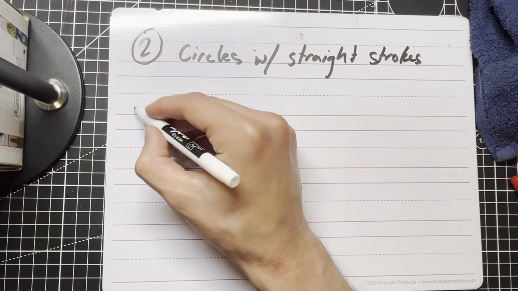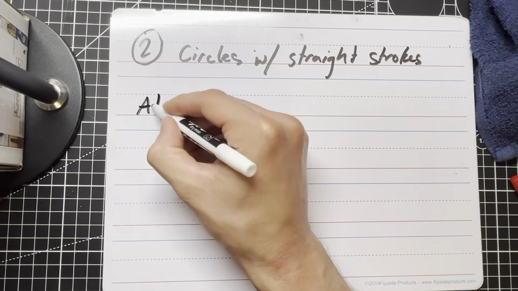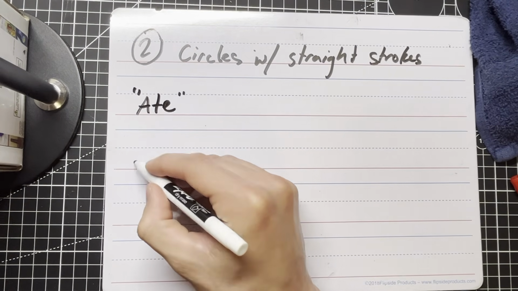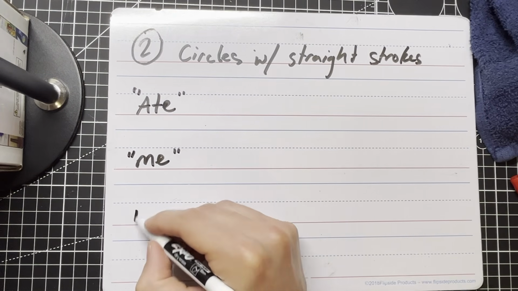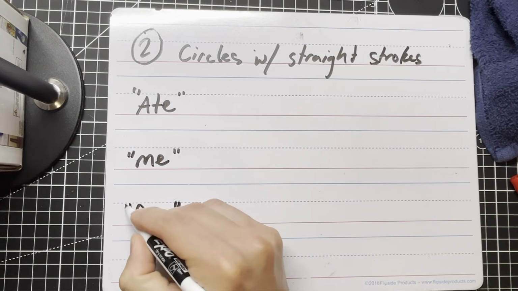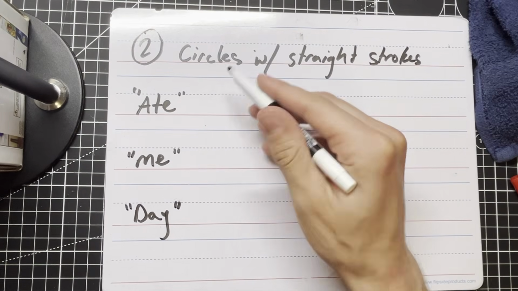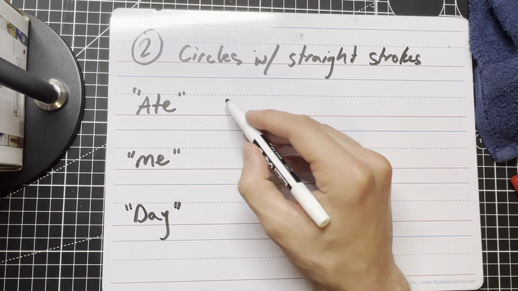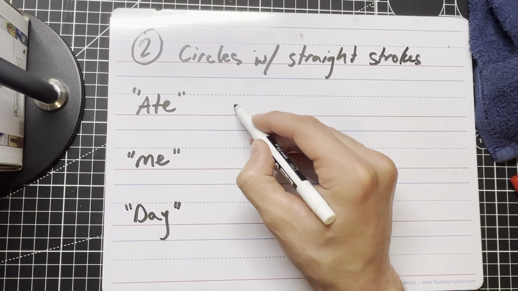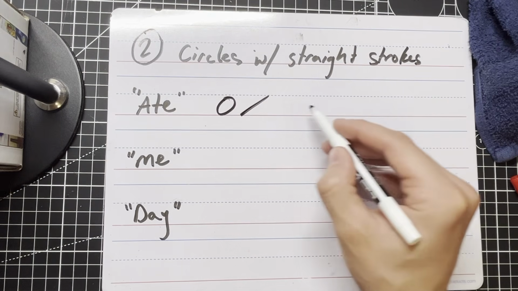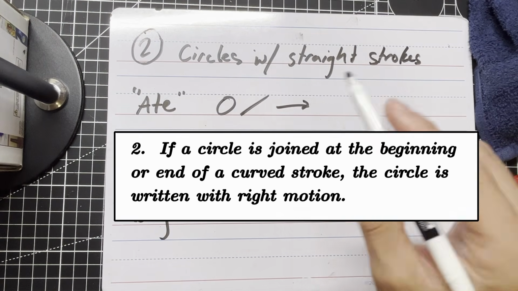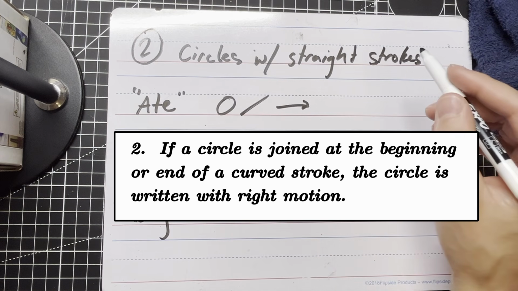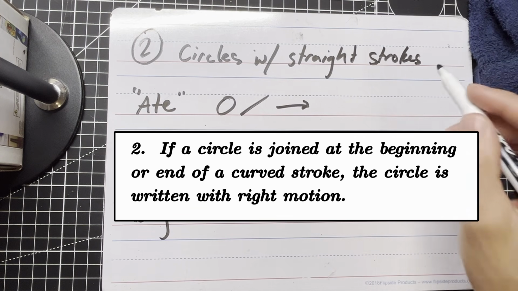Okay, let's take a couple more word examples. Let's do the word eight. Let's do the word me. And let's do the word day. Day. Okay, so eight, there are two ways to write it, as we've learned so far. There is an A and then a T. Put those together, and the rule states that if a circle is joined at the beginning or at the end of a straight stroke, the circle is written with right motion.